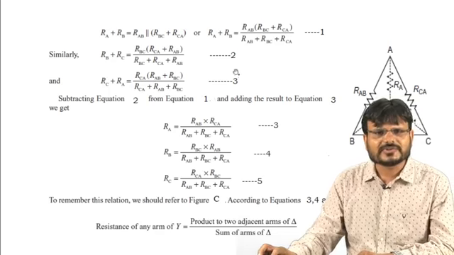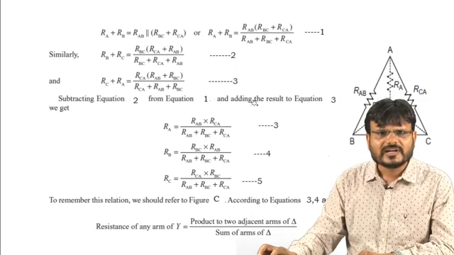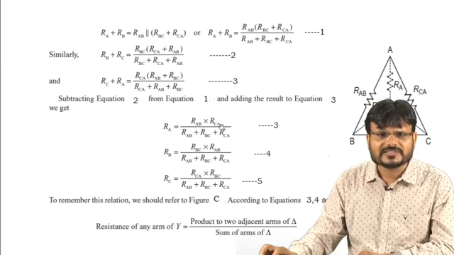Subtracting equation 2 from equation 1 and adding the result to equation 3, you can calculate the value of RA. Similarly, you can calculate RB and RC.